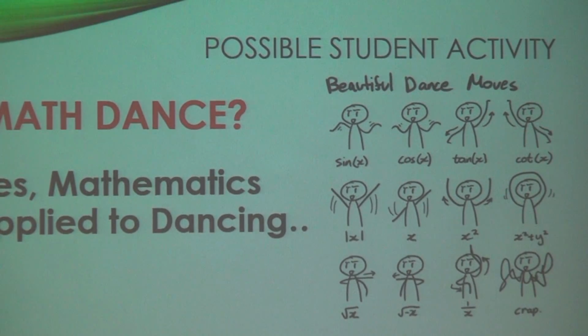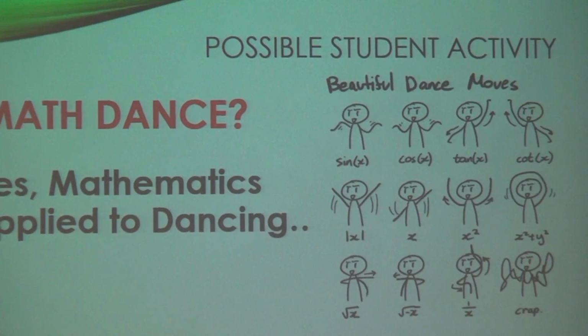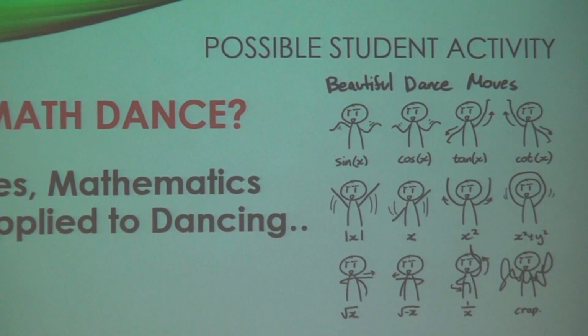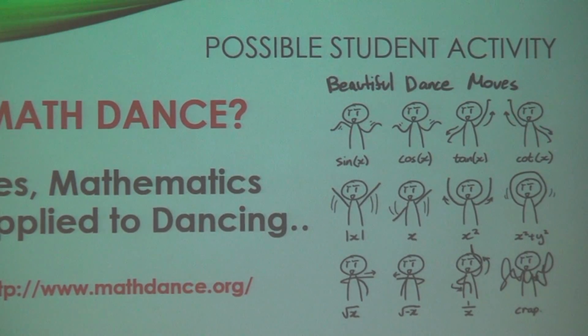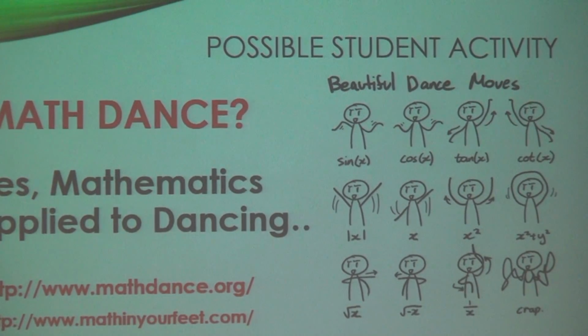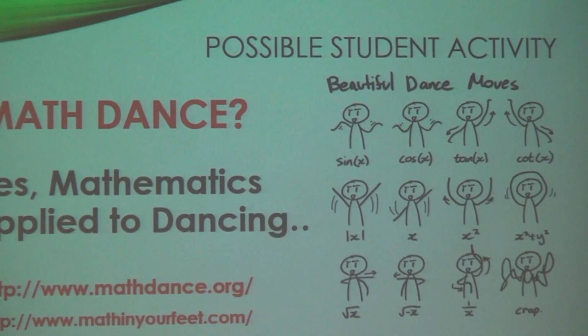So you can see better how they move up and down, and also the curves. Well, you can actually check the following websites for some ideas on how to apply dancing and mathematics in dancing.